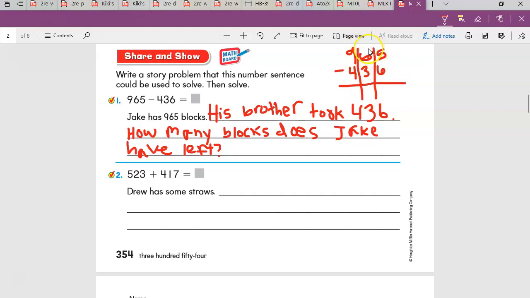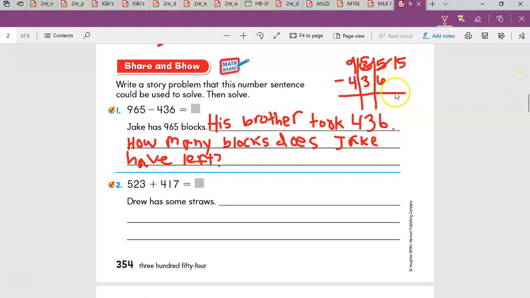This 6 becomes a 5, and this 5 becomes a 15. 15 take away 6. 15, 14, 13, 12, 11, 10, 9. 5 take away 3 is 2, and 9 take away 4 is 5. 529 blocks. So you're going to have to write that in a complete sentence. 529 blocks. And then you're going to circle that.